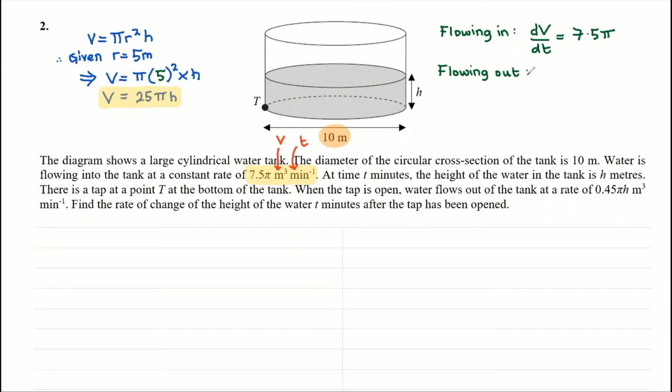Now, flowing out, we just use that dimensional analysis again. So we've got cubic meters. Unfortunately, it's gone onto the next row, but it's the same units, isn't it? It's cubic meters per minute. So I can say that it's dV by dt again.